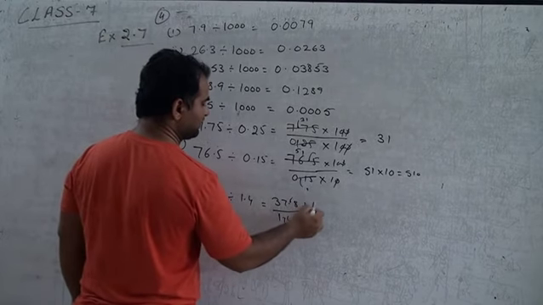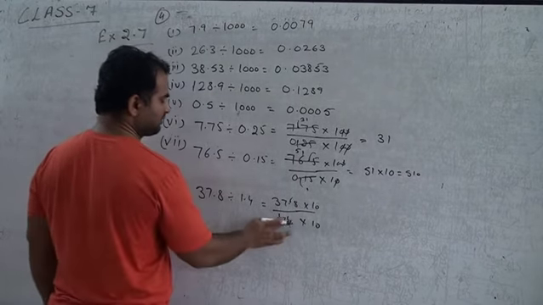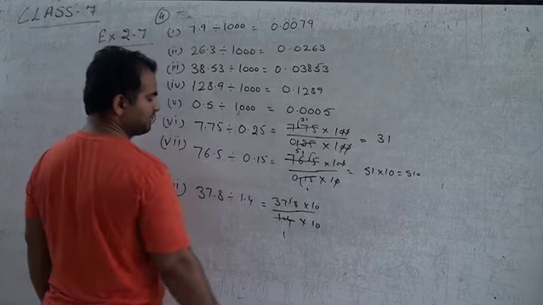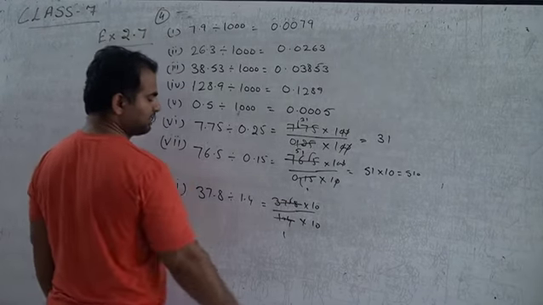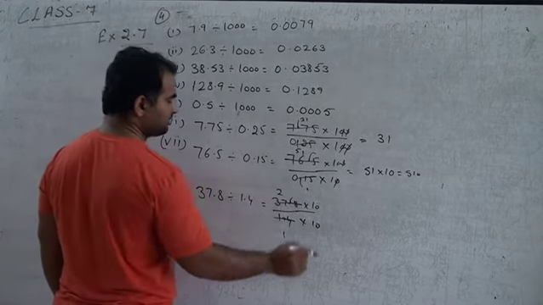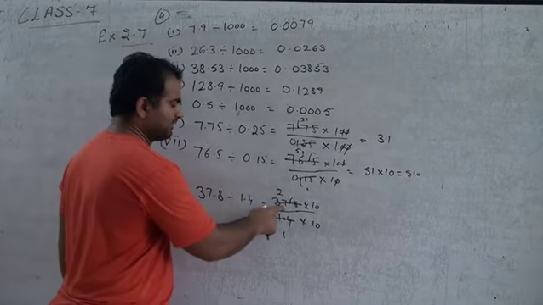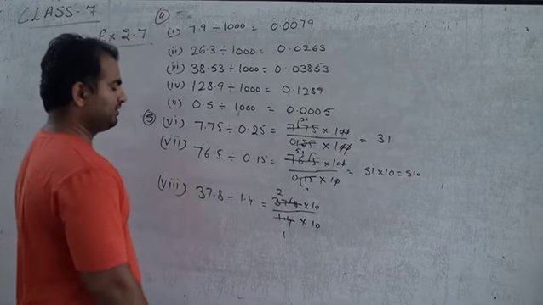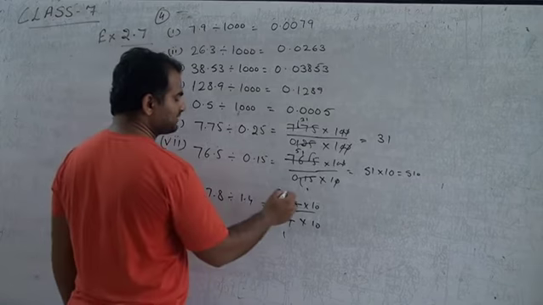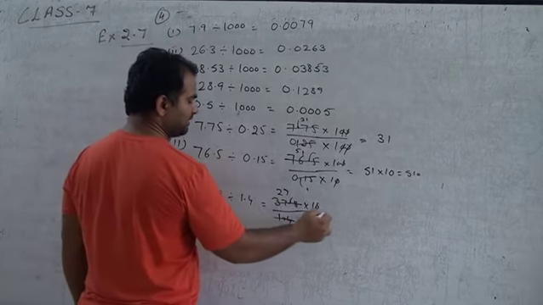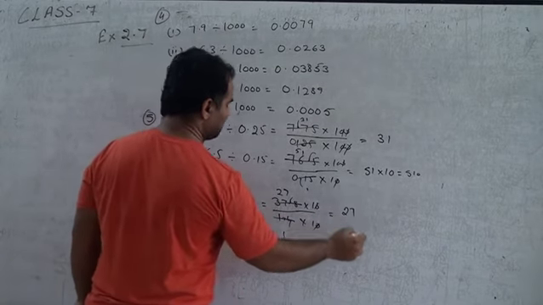And when we remove this point, it will give us 10. So when we divide by 14, 14 2s are 28. Then the remaining part is 9 and 8. It will be 98, 14 7s are 98. Okay, the answer will be 27.